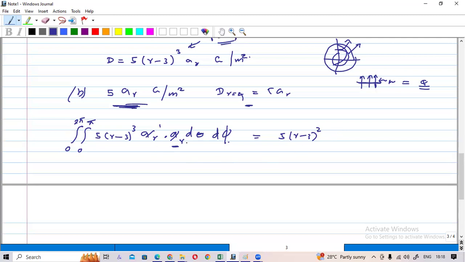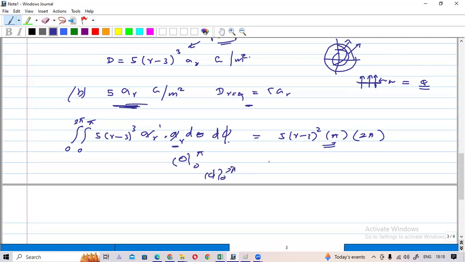If you consider d theta, the integral of theta from 0 to pi gives pi here. Again, phi from 0 to 2 pi gives 2 pi here. So I integrate this and apply the limits.